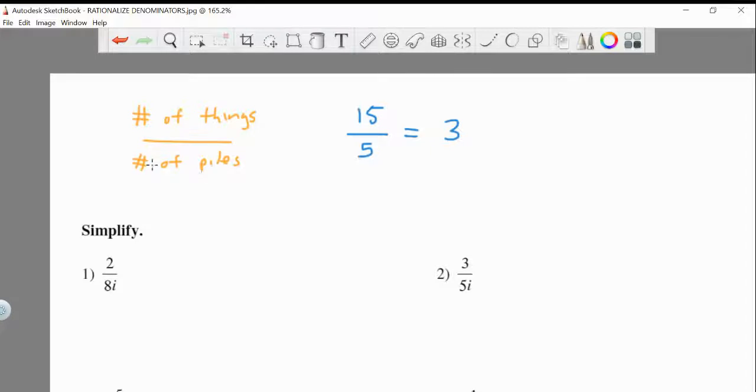We run into some issues when we have a strange thing down here for number of piles, right? Like, for example, we do not like when we have 15 objects trying to put them into 0 piles, right? It's like if I gave you 15 shirts and you were holding them in your hands and I said, all right, go ahead and sort these out into 0 piles.